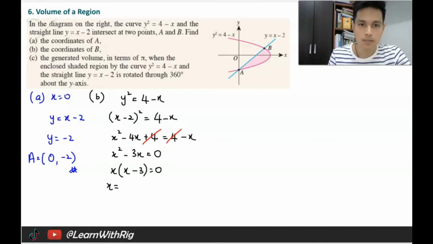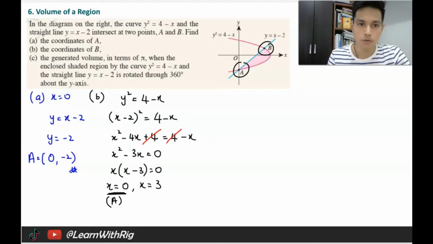So x can be either 0 or 3. But coordinate A is already 0 here, so you know this one belongs to coordinate A, and we're not going to do anything about that. Because there are two intersections, correct? One of these is going to be A, one of these is going to be B.